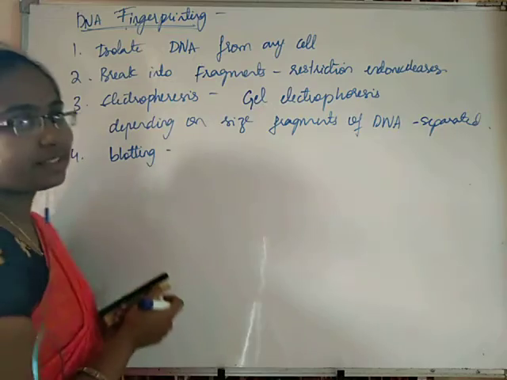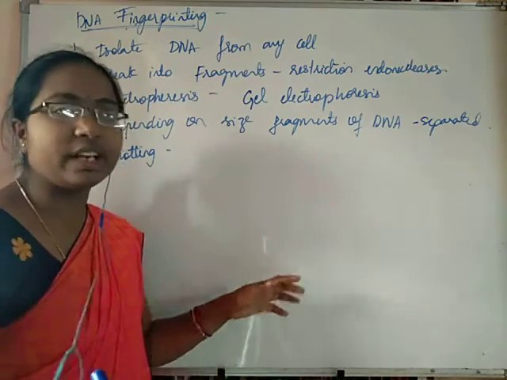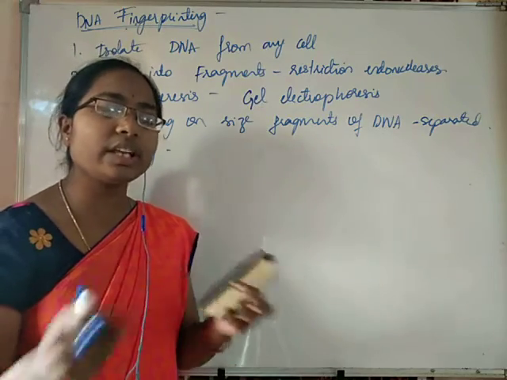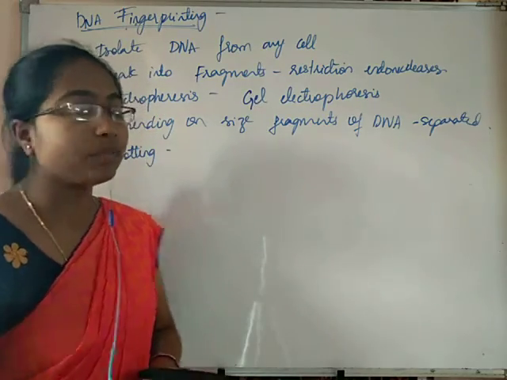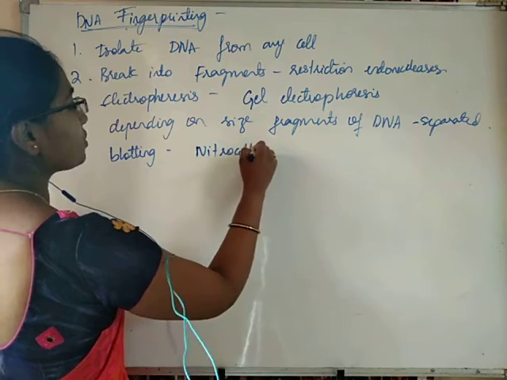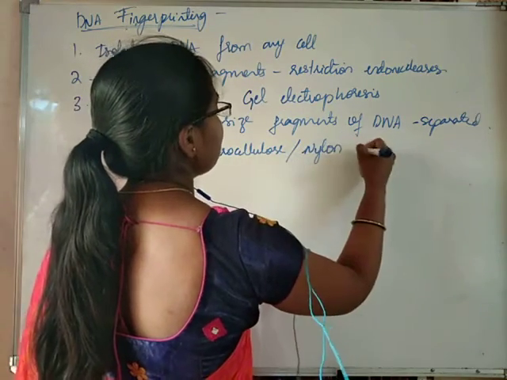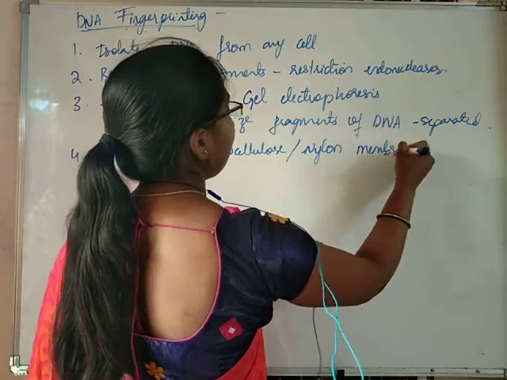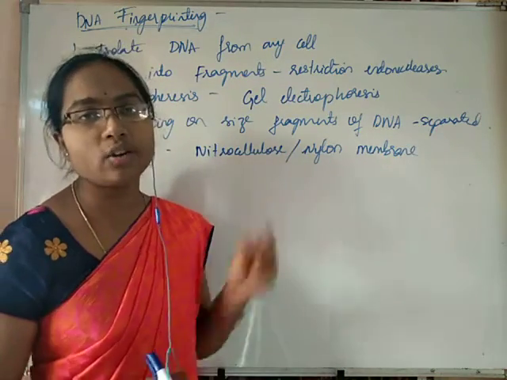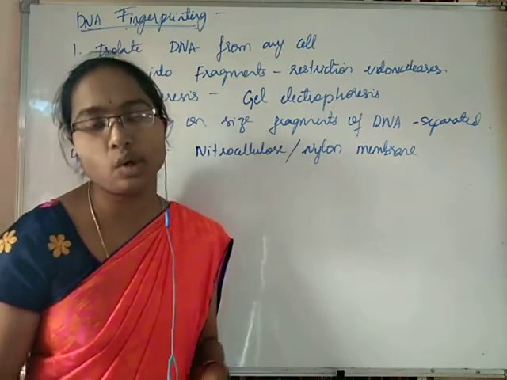So what do we do during blotting? Onto the gel plate on which the DNA fragments are separated, we place a nitrocellulose or a nylon membrane, and after that we place some paper towels onto it.